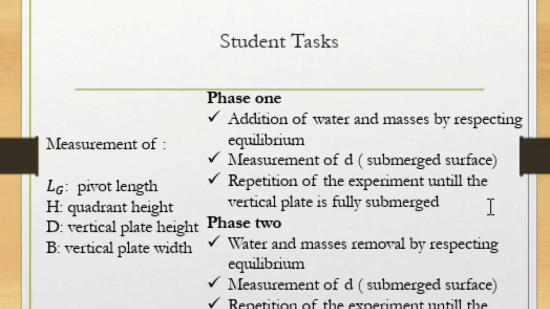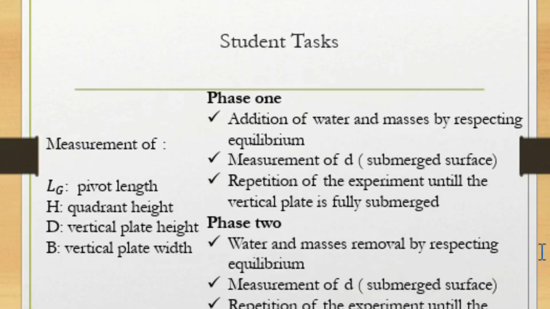Once this is done, we move on to phase 2, which is water and masses removal, respecting, of course, equilibrium. We will again be measuring D and repeating the experiment until the vertical plate is no longer submerged.